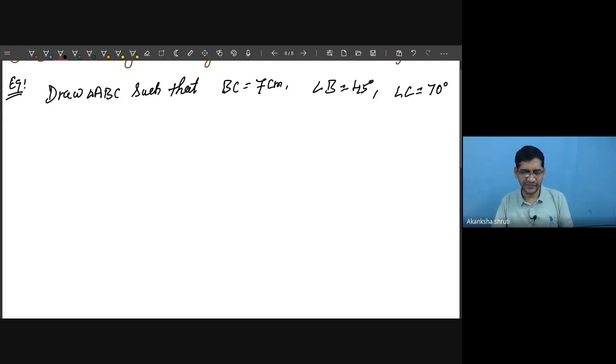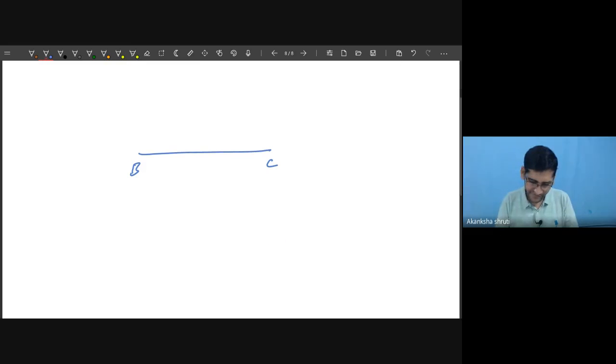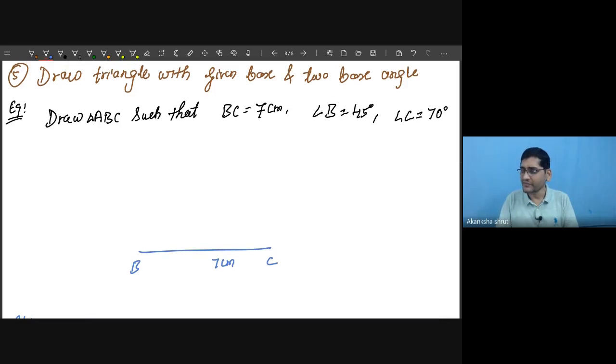Okay, students? So what to do? First take BC. How have I taken this BC? Placing the scale, take BC. So step 1, draw BC is equal to 7 centimeter. So the 7 centimeter line segment you have drawn.